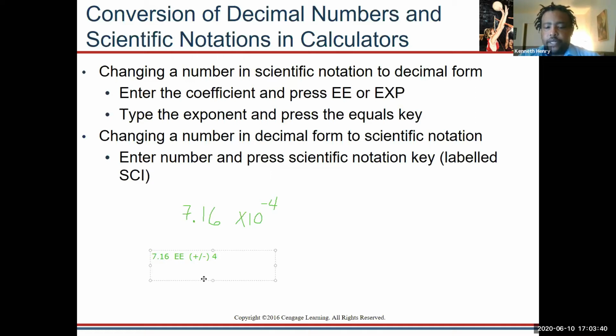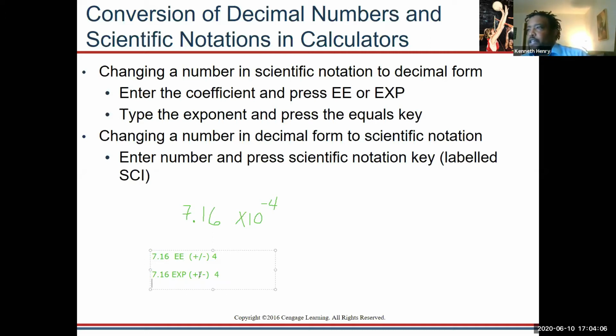Some of you guys will have to do it like this: 7.16, EXP, plus minus, 4.